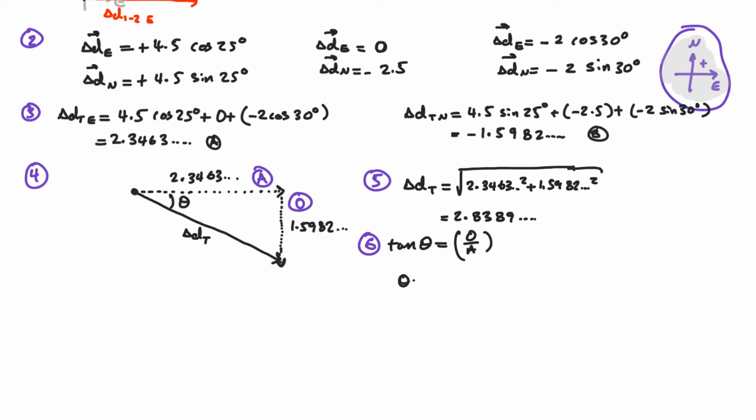So that means theta is equal to the inverse tan of 1.5982 over 2.3463, and I'm using the exact values from my calculator. Make sure you're using the positive values here. And when I do that on my calculator, I should get 34.2613... And that's my angle.